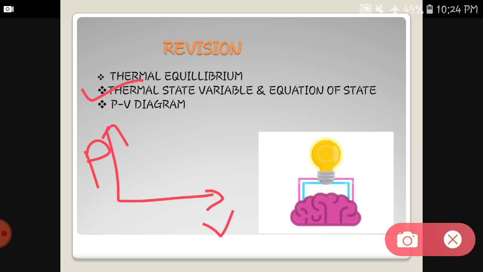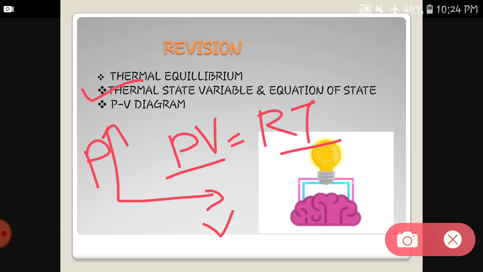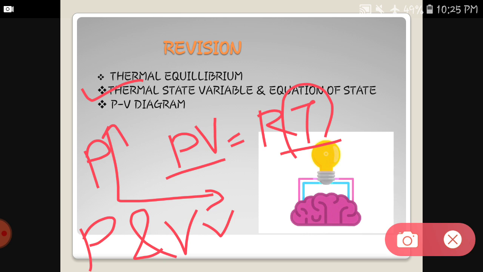Considering PV equals RT, suppose, only 2 variables depend on each other and the third remains the same. It may be P and V, in which case T remains the same, that means it is constant.